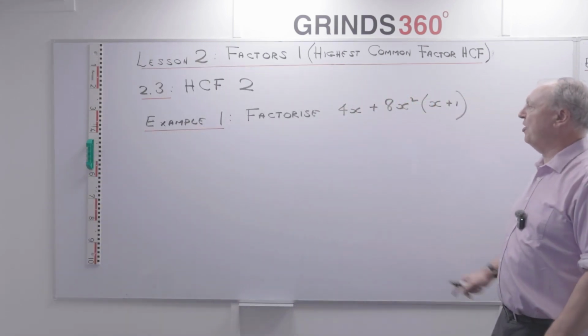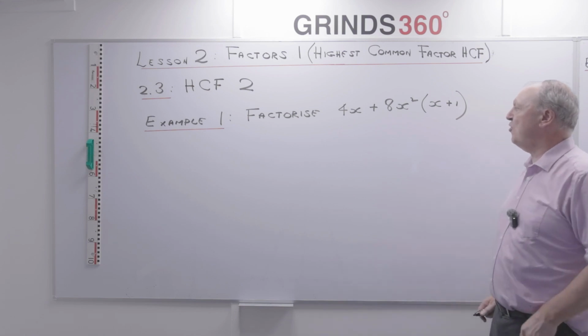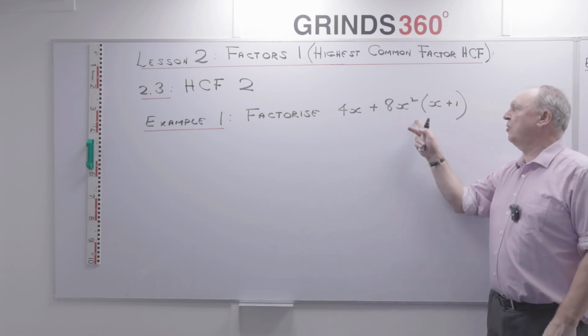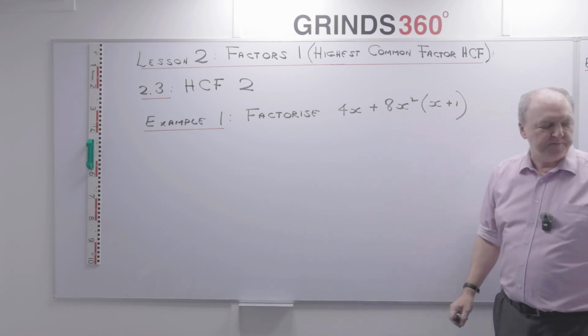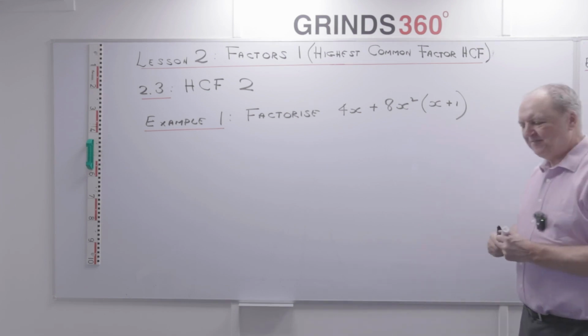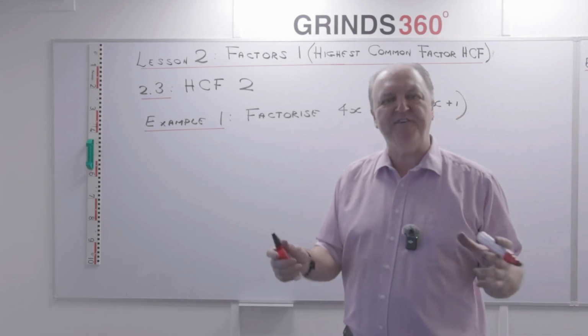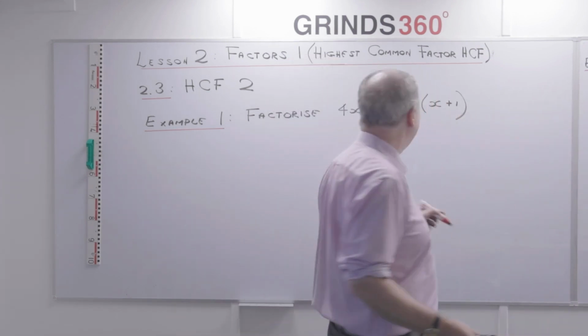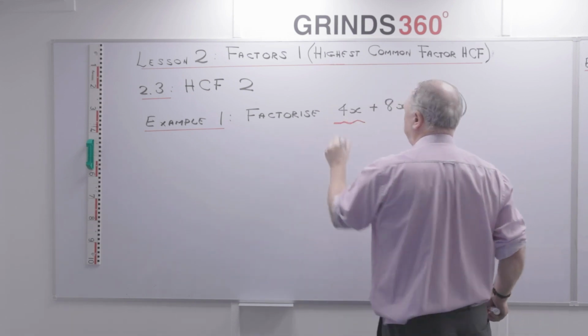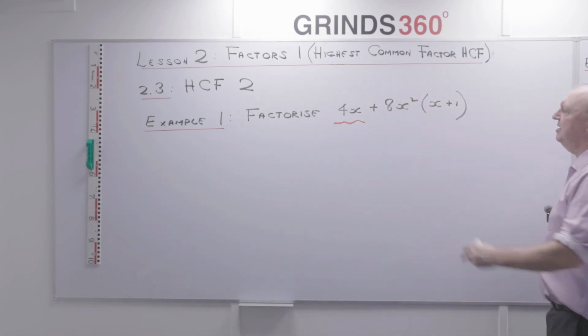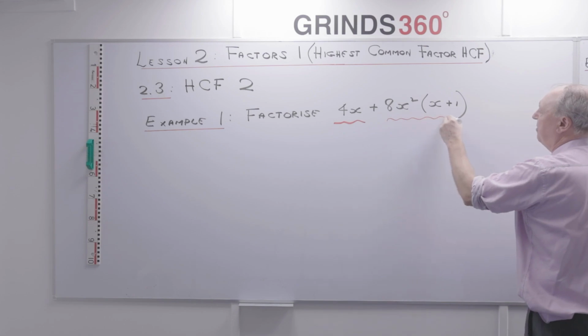Example number one asks me to factorize 4x plus 8x squared times (x plus 1). Well, the first thing you need to be able to do is identify the terms. That there is the first term, 4x. And this here is the second term.